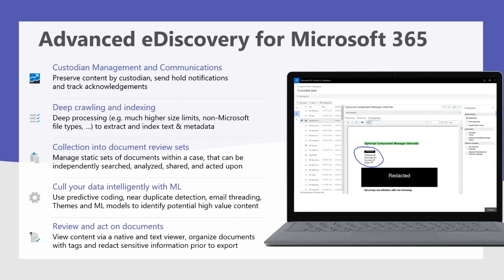So basically putting all email threads, all messages and documents from that thread together into a family. It also does that for Teams chats and conversations as well. And then the export functionality is also a bit more advanced and better able to deal with large amounts of information.